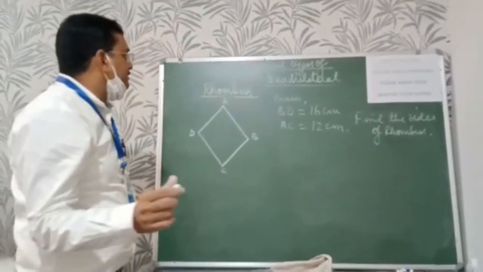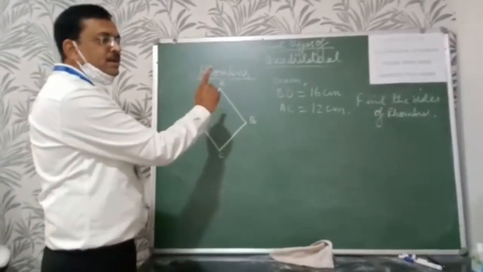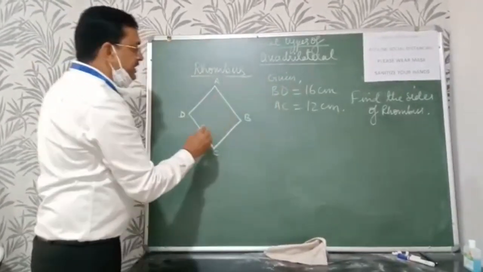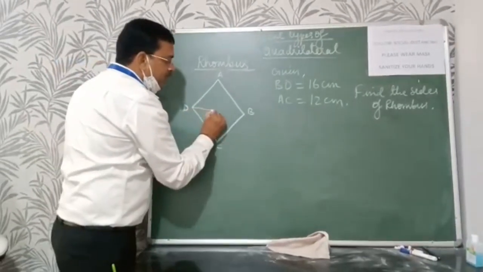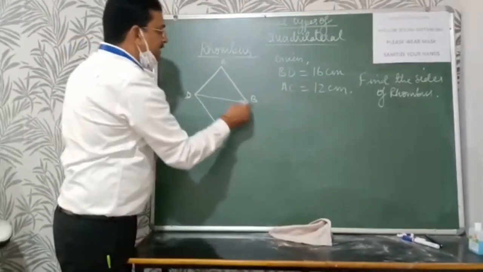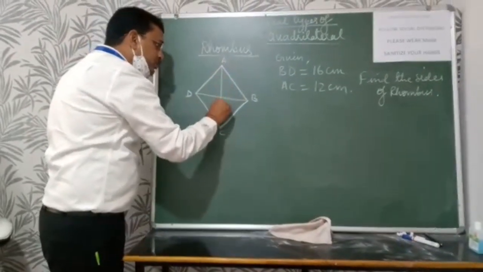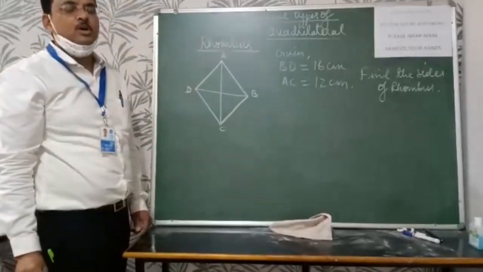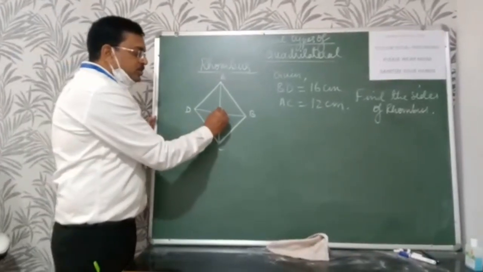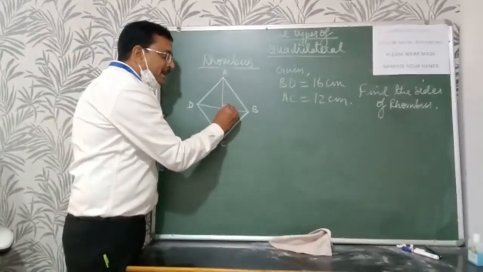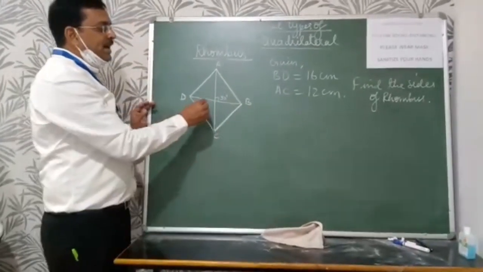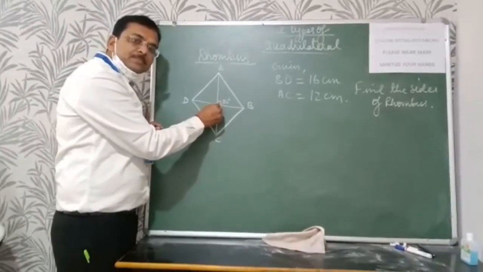Now, my dear students, one question is related to the properties of a rhombus. Here BD is given as 16. BD means the first diagonal, the length is 16 centimeter. AC is given as 12 centimeter, AC is the second diagonal. According to the properties of a rhombus, both diagonals always meet at 90 degrees, in other words both diagonals are perpendicular to each other.